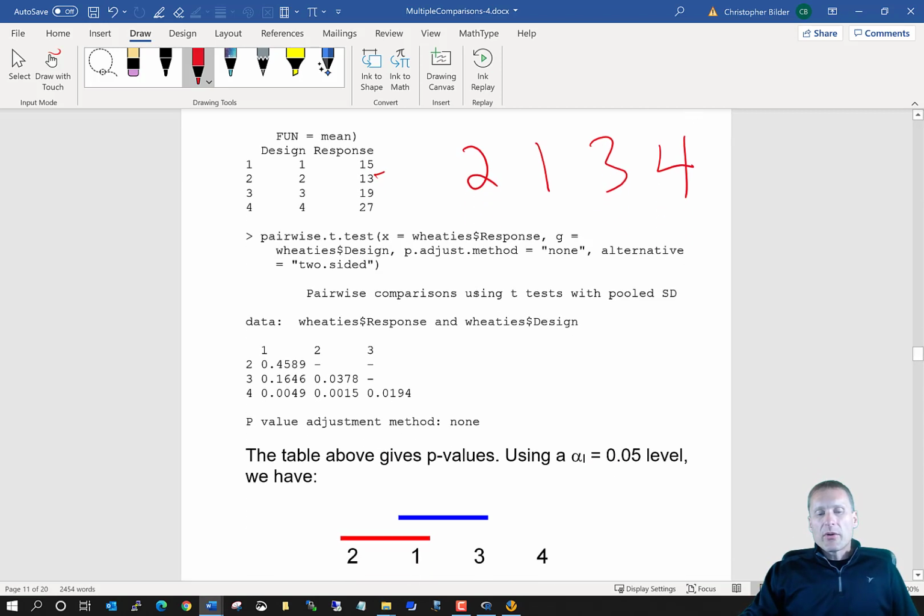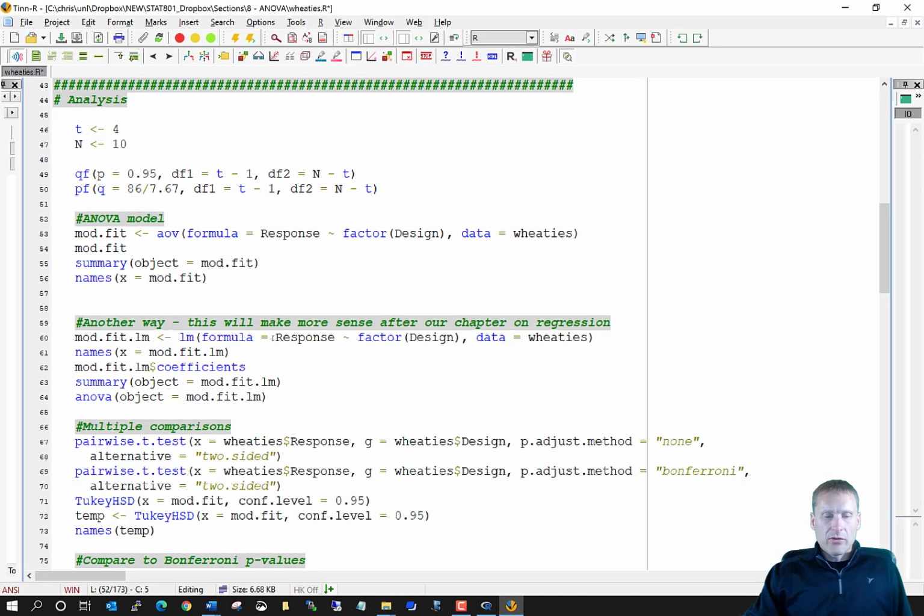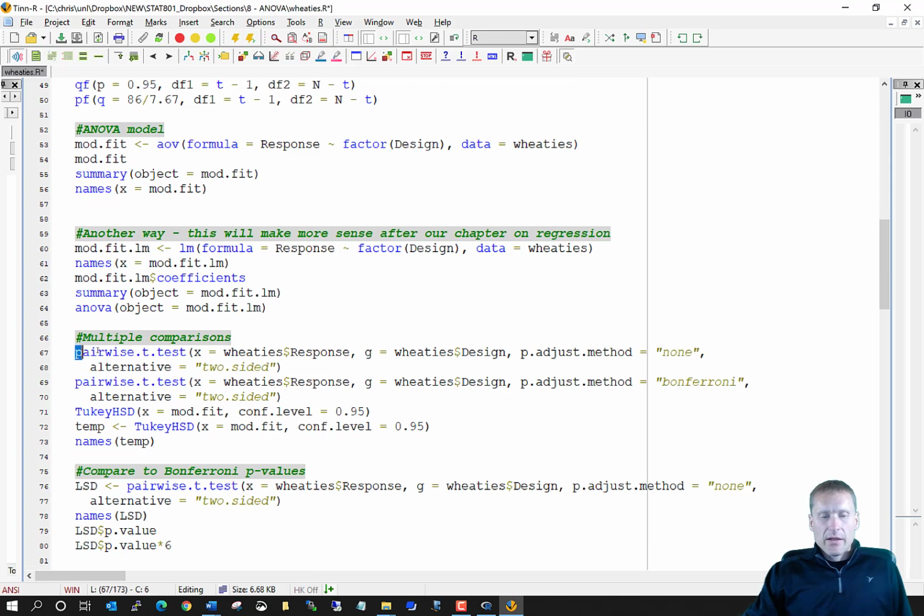To do the multiple comparisons, we can use a function in R called pairwise.t.test. So we're essentially doing t-tests for pairwise comparisons of the means.